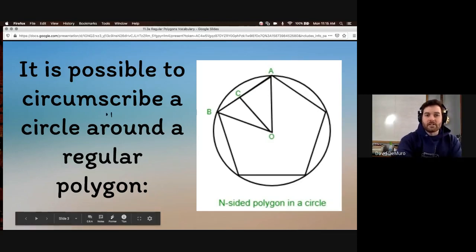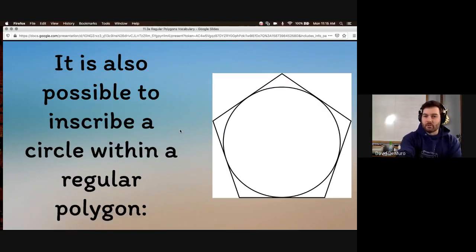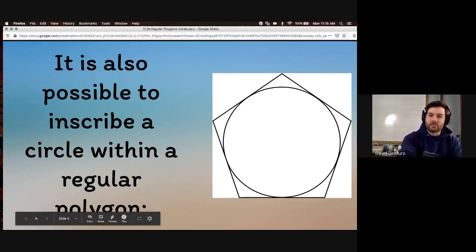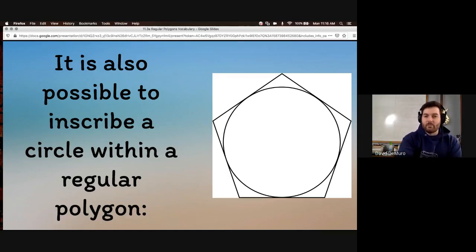It is also possible to inscribe a circle within a regular polygon. So it's possible to draw a circle on the inside that just touches each side or is tangent to each side at one single point. And it's going to happen at the midpoint of each side. So this is an example of an inscribed circle within that regular pentagon.